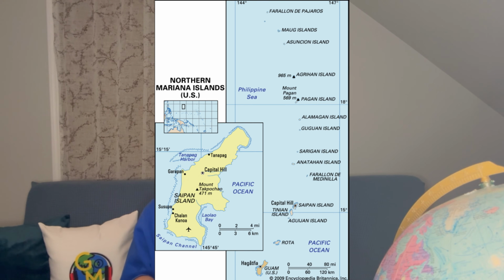And then we have the Northern Mariana Islands. The Commonwealth of the Northern Mariana Islands, CNMI, is located in the Western Pacific north of Guam. The islands became a U.S. territory through a negotiated covenant in the 1970s. Geographically, the CNMI includes volcanic islands and coral reefs with a tropical marine climate.